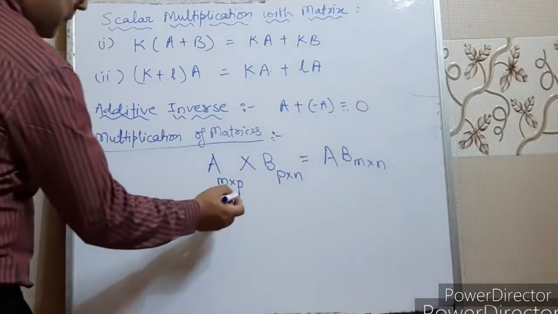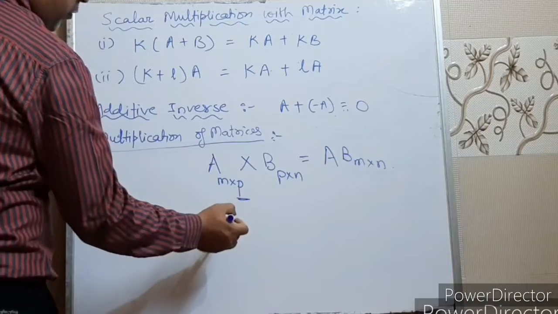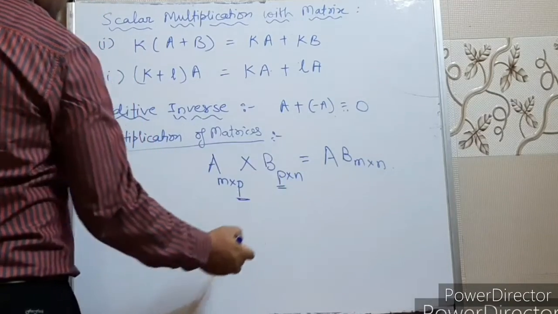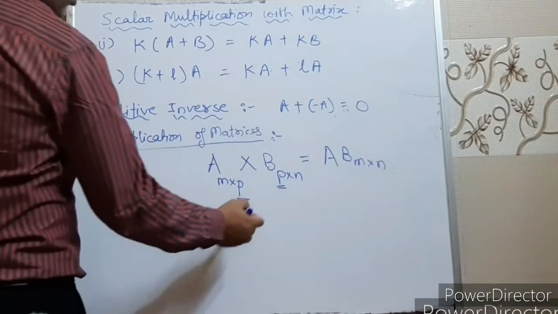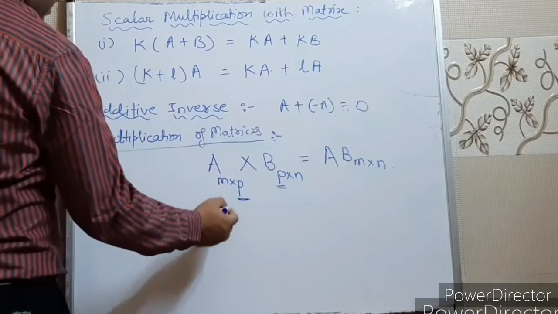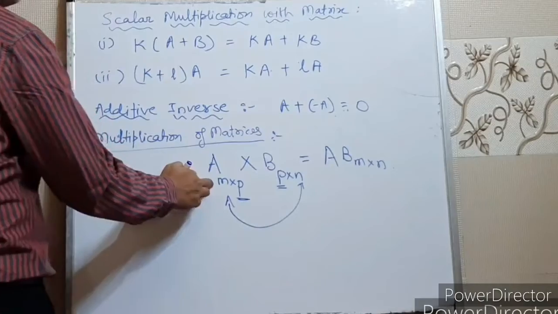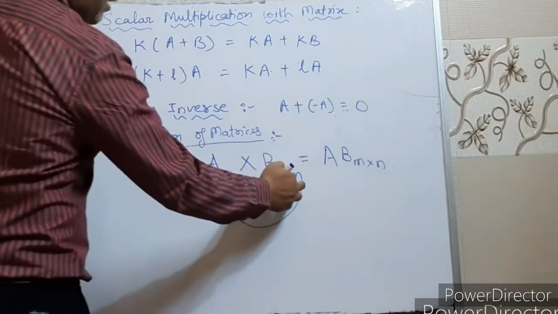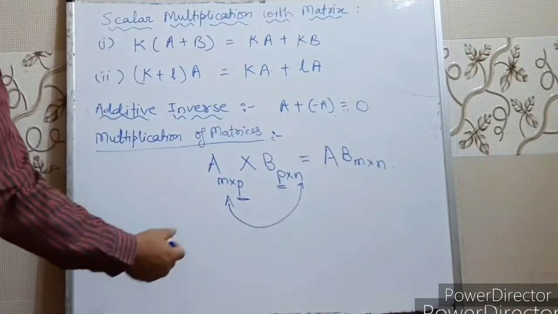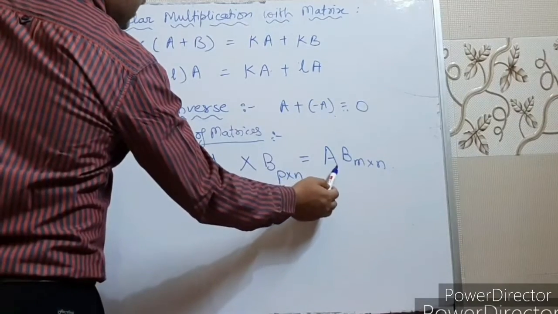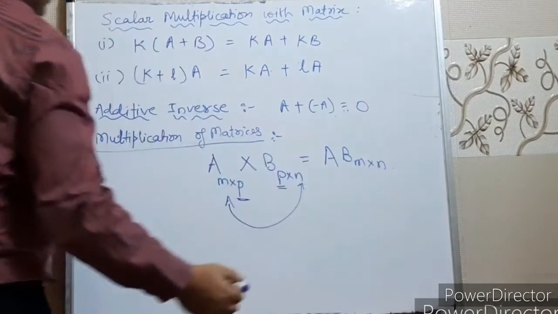So you can see here, the number of columns is P and here the number of rows is P. So here multiplication is possible and the order of the product matrix will be the number of rows of the first matrix by the number of columns of the second matrix. So the order of product matrix AB will be M by N.